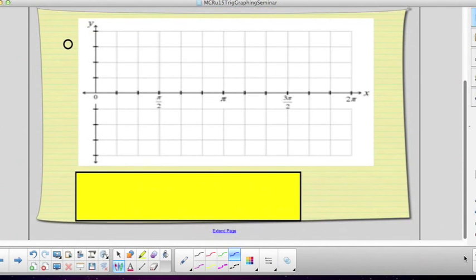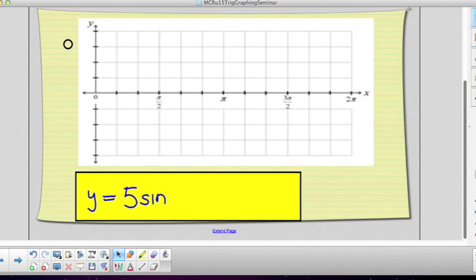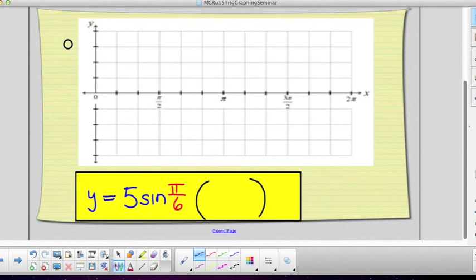So originally, right now I have y is equal to 5 sine. I also know that my k term is pi over 6. I'm looking for my shift. I know my variable is time. And I know finally my vertical transformation is positive 16.